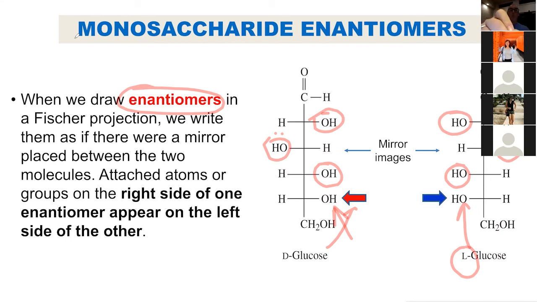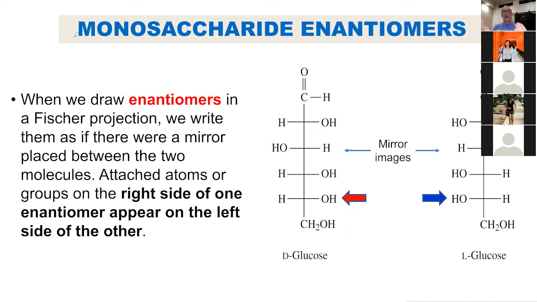Now, if any one of these hydroxyl groups are on the same side, they're not enantiomers anymore. We would call them something different. Anyone know what the other term is? For instance, if I were to change this to hydrogen and hydroxyl, so they're on the same side, they're no longer enantiomers.